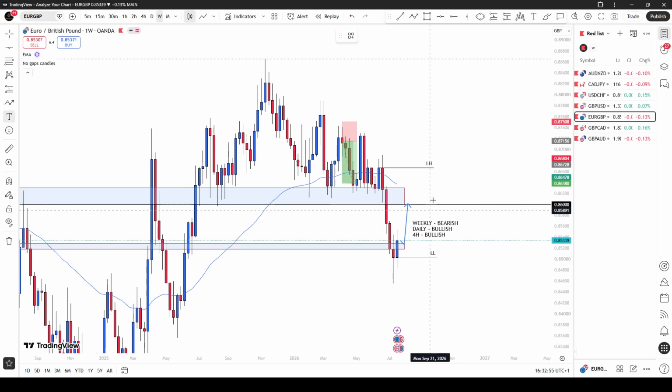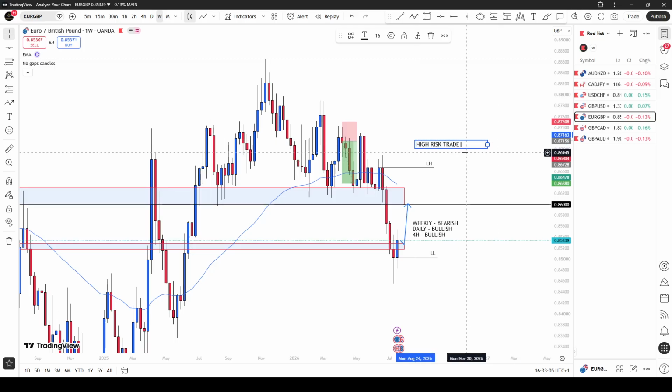It's a high risk trade, more like a degen trade.